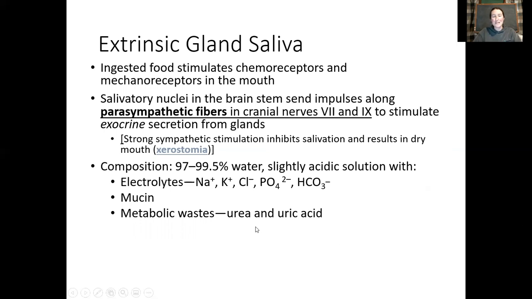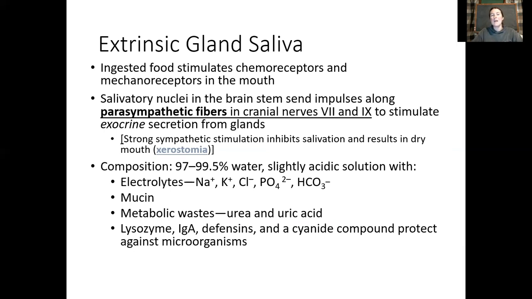So you might recognize these: urea, uric acid. These are actually metabolic byproducts, dealing with proteins. We generally like to think about them as being released into our urine, therefore urea or urine, but also they're being released to some extent via our saliva, and also from our sweat glands as well. So we just try to get rid of all this stuff in as many ways as possible.